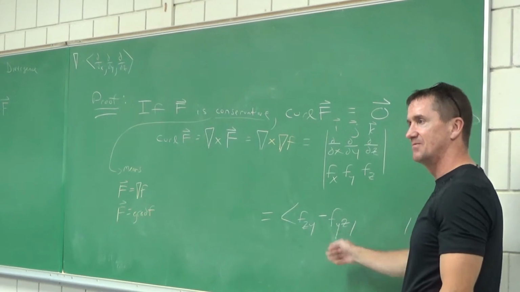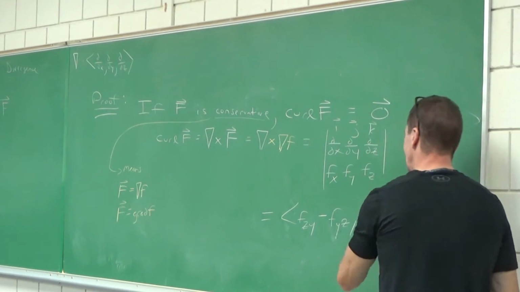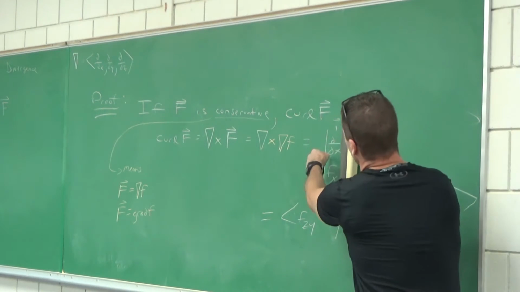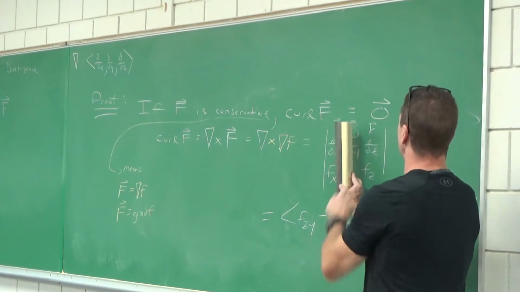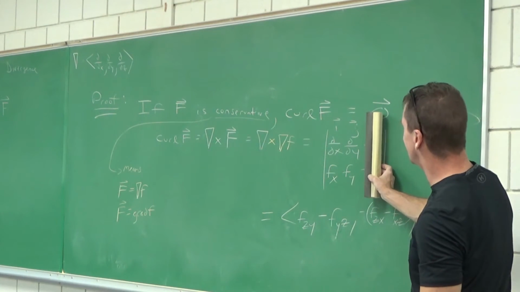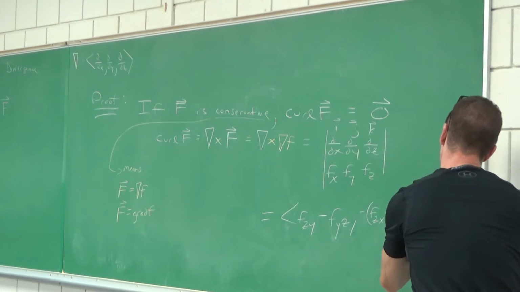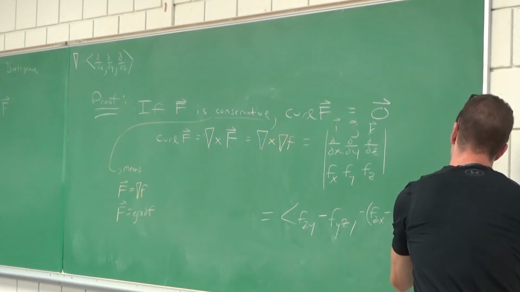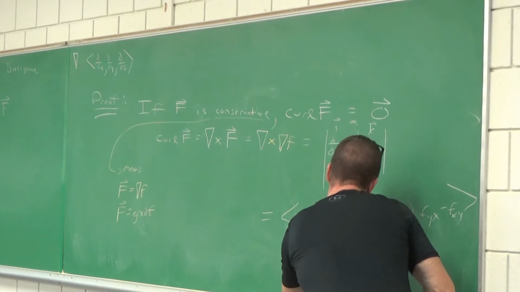So that's 0. Watch what happens in the middle. It's just going to continue, everyone. You ready? Wipe this out. F_zx minus F_xz. And down in the third component, look what you get: F_yx minus F_xy. And by Clairaut's theorem, there you go.